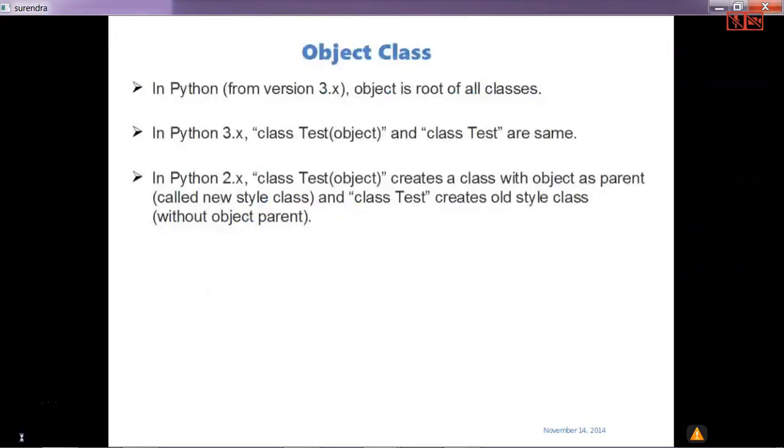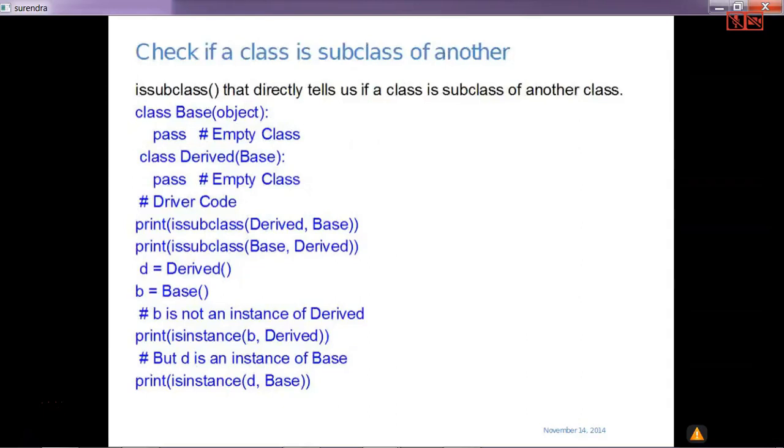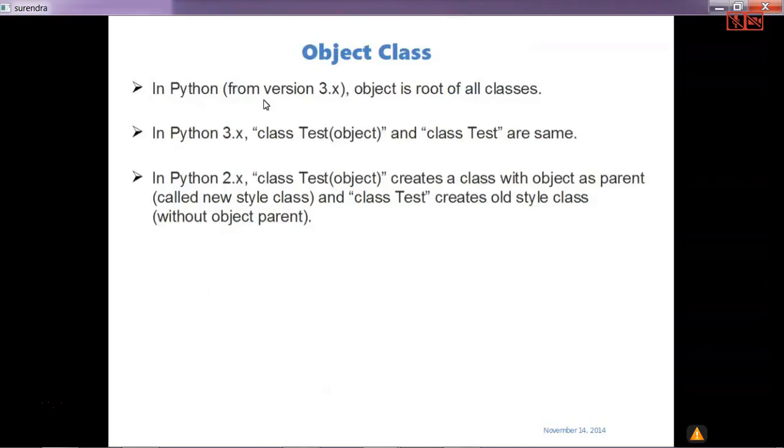Now we'll see, in every class we are writing object, right? In Python 3.x, object is the root for all the classes. That is the reason we are writing object over here. In Python 3, we write class followed by the class name and object, and class test are same.